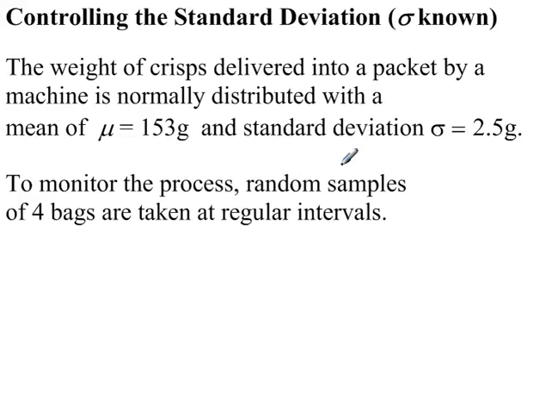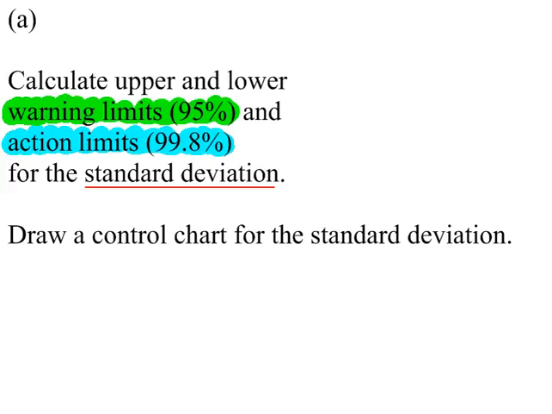Random samples of size 4 are taken at regular intervals. So we're going to calculate the upper and lower warning limits and action limits for the standard deviation, and then we can represent these on a control chart for the standard deviation.